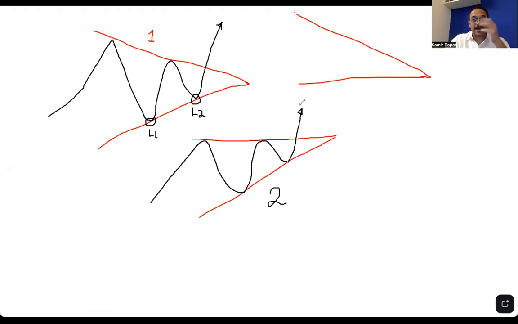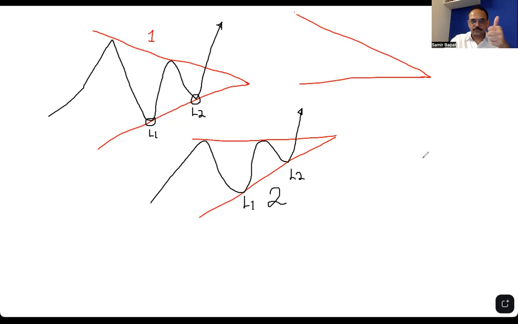In triangle 2 as well, if we call this L1 and if we call this L2, is L2 higher than L1? If you think L2 is higher than L1, type H. If you think it is lower, type L. Higher?